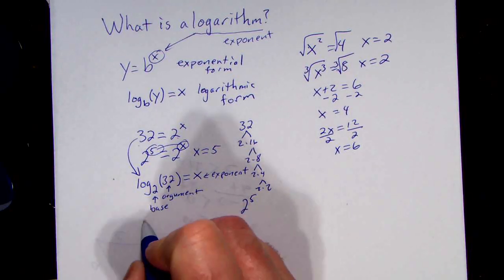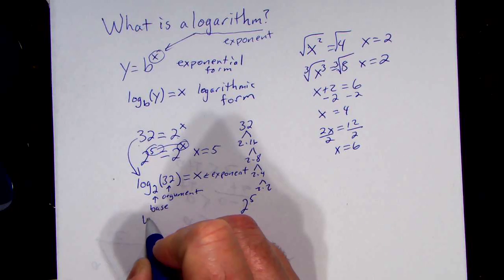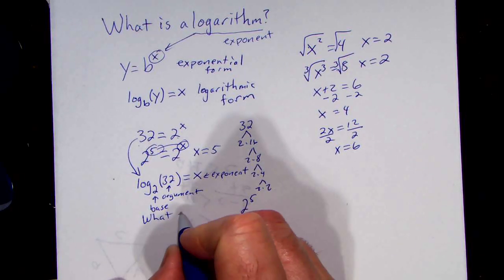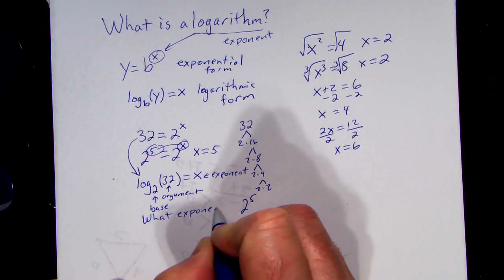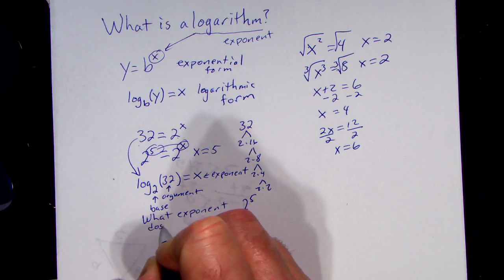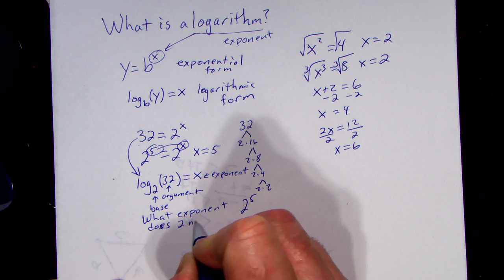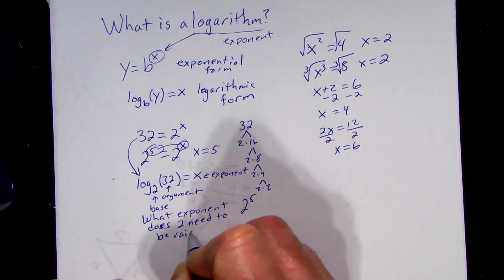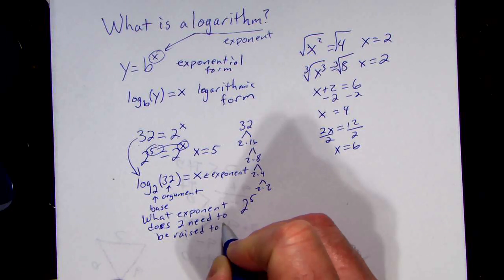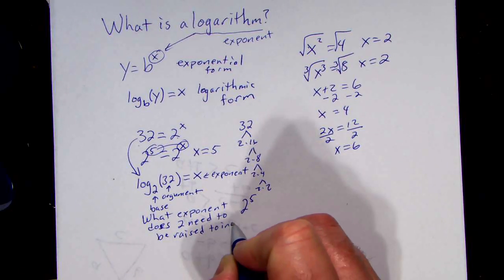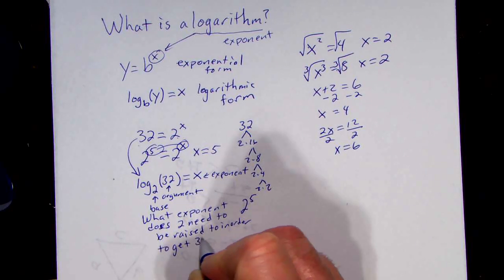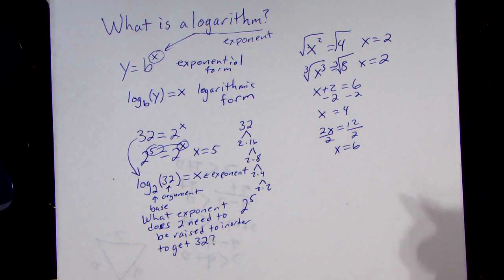This is asking the question: what exponent does 2 need to be raised to in order to get 32? That's the question that a logarithm asks.